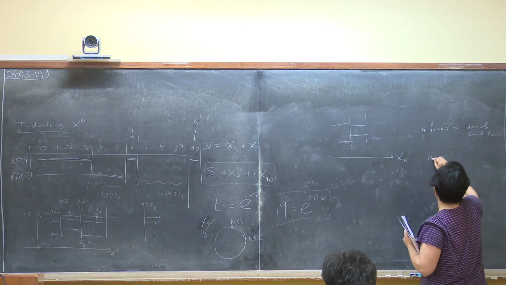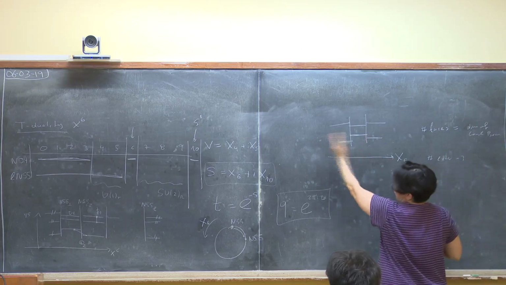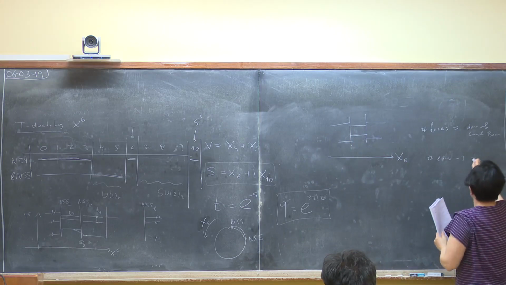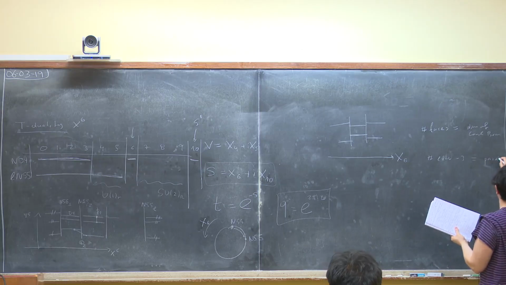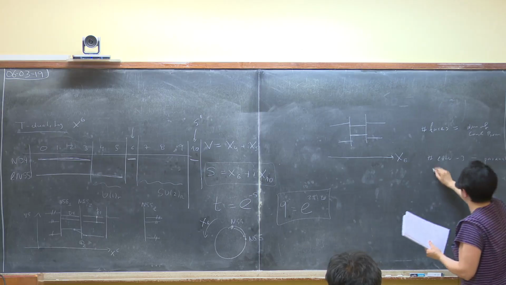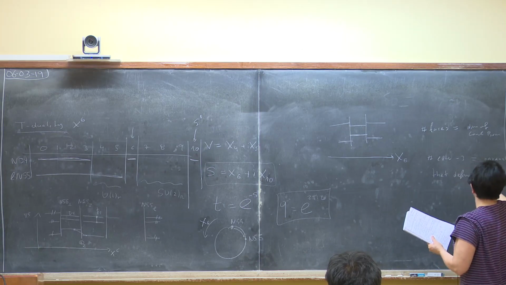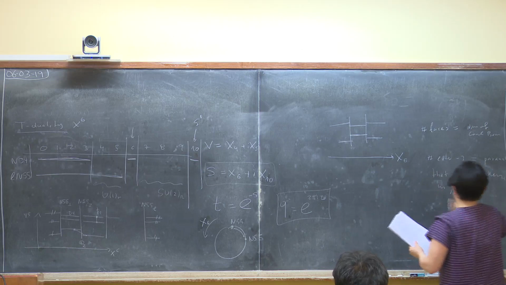And the number of external legs minus 3, because you can shift and you also have to make this thing hold together, gives you the number of parameters that define the theory. So it will be masses and coupling constants.